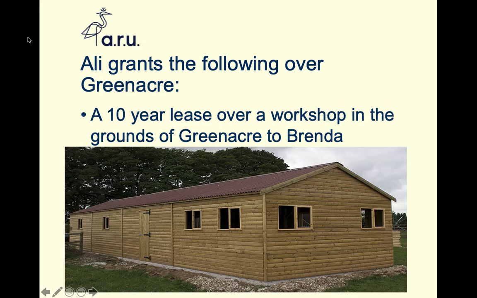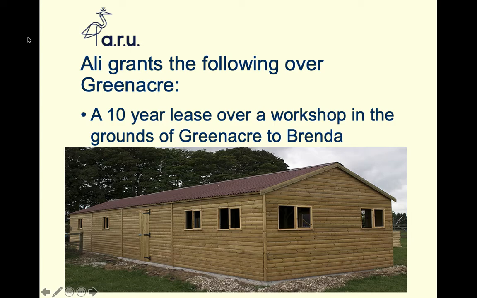Again, Ali, as the fee simple absolute in possession holder, has the ability to carve out holds in the land in the form of estates, not just interests. So in this situation, Ali has carved out a 10-year lease over a workshop in the grounds. This lease has been created with Brenda.